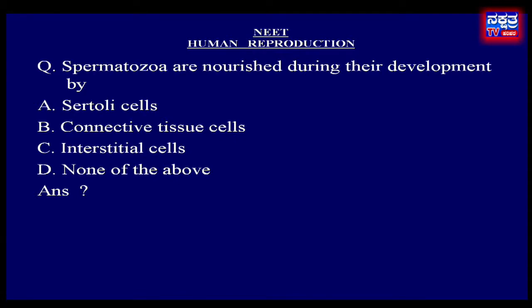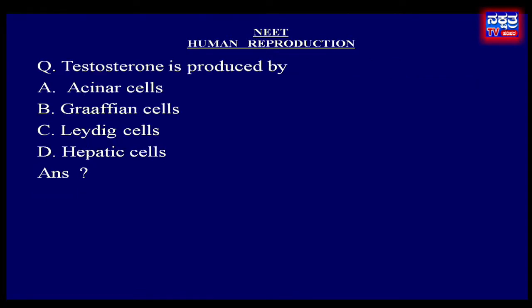Move to next question. Testosterone is produced by option A, acinar cells, B, Graafian cells, C, Leydig cells, D, hepatic cells.